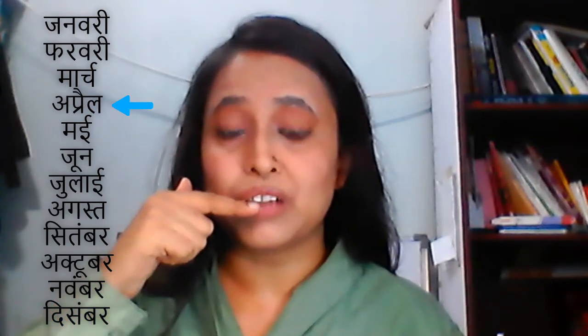Then you have to touch the tip of your tongue to the teeth, and then you have to say April. So it's January, February, March, April, and May. May is simple. Look at my pronunciation. May.